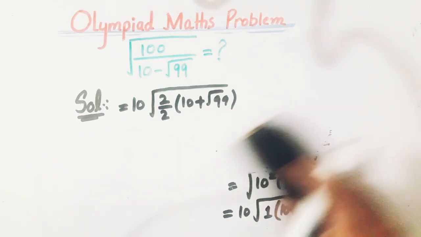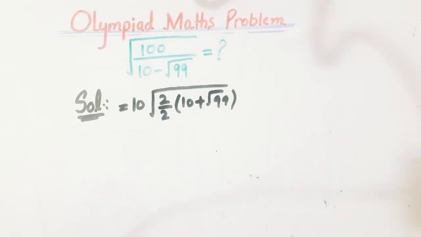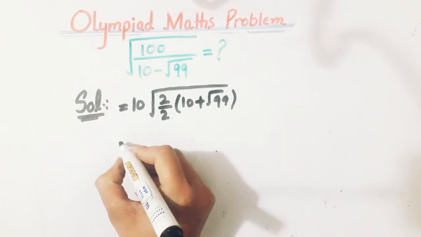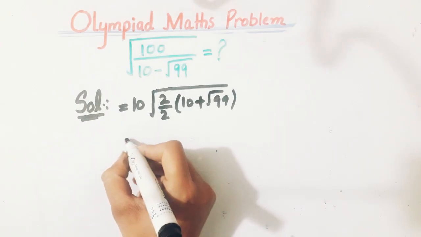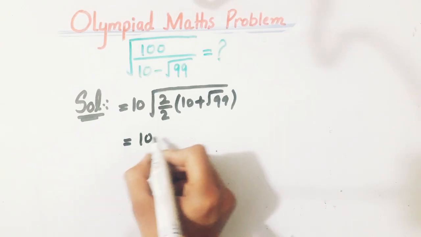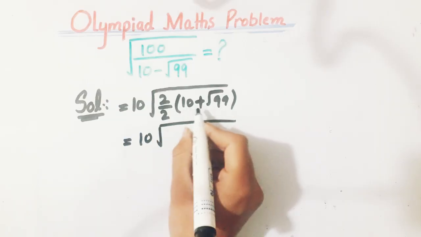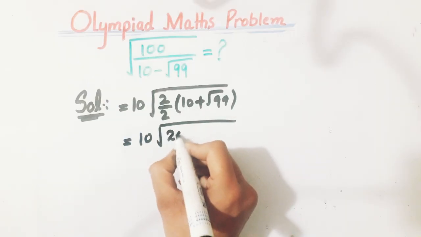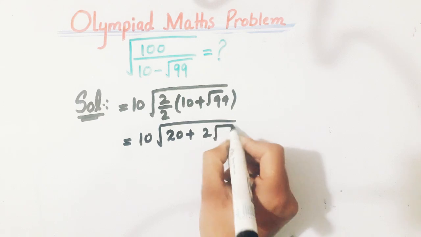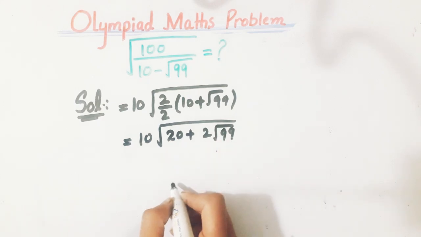Now 2 is multiplied inside, and we get 20 plus 2 root 99.